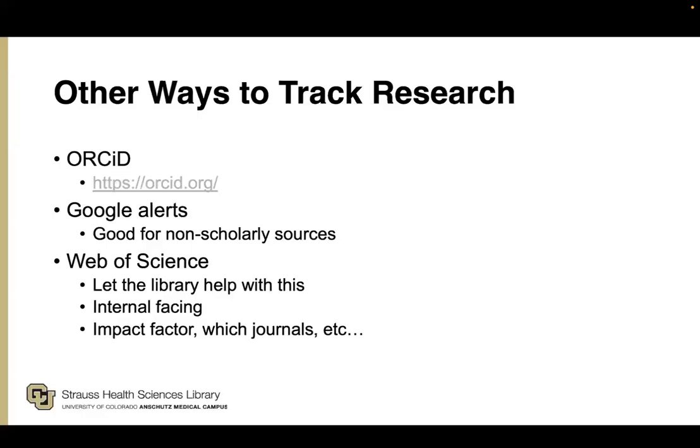It is not as simple and user-friendly as the things I just showed you in PubMed. So that's why I would recommend reaching out to the library and letting us help you with this as opposed to showing you how to do it. Feel free to just reach out to us and we'd be happy to create a report for you.